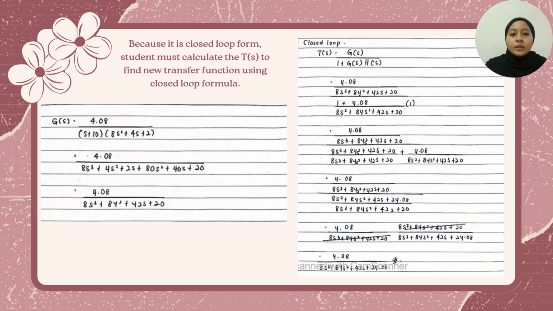So it equals 4.08 divided by 8s cubed plus 84s squared plus 42s plus 20.